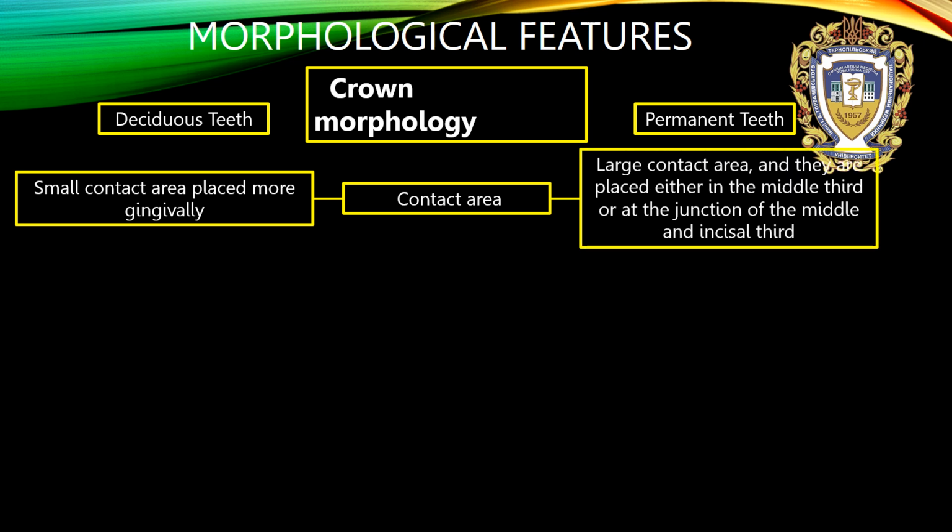Permanent teeth have a large contact area, and they are placed either in the middle third or at the junction of the middle and incisal third, in the area of the equator of the crown part.